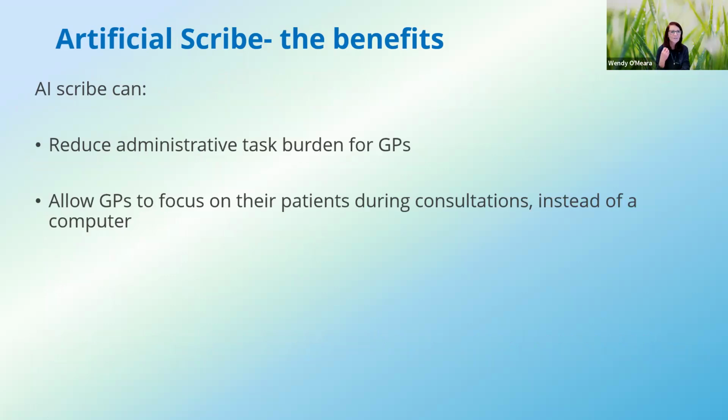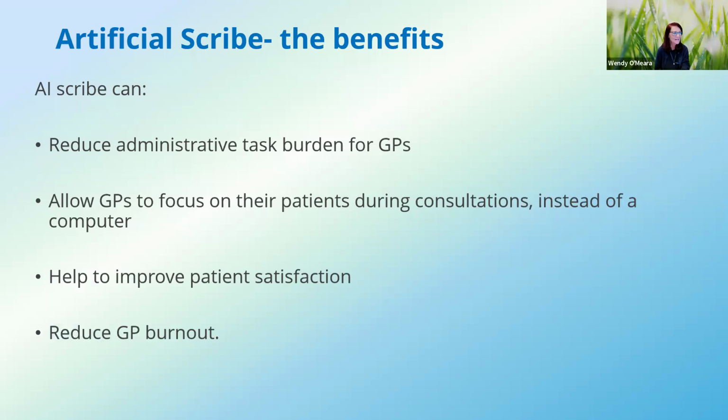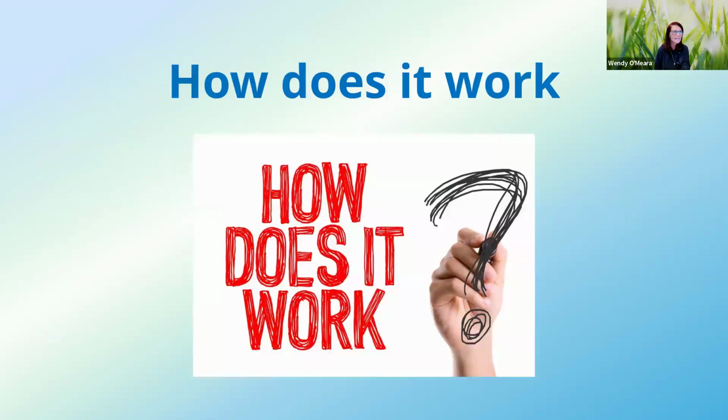You're not looking at the computer, you're looking straight at the patient, face to face, and engaging with them, which from all feedback we've had, patients feel heard, there's increased satisfaction because they feel it's a conversation and not a one-sided process. And AI Scribe can certainly help with the reduction of GP burnout. So that whole analogy of working smarter, not harder.